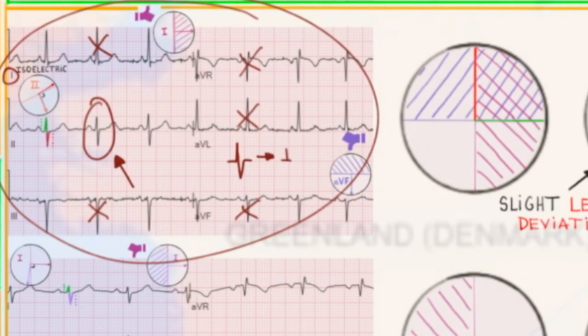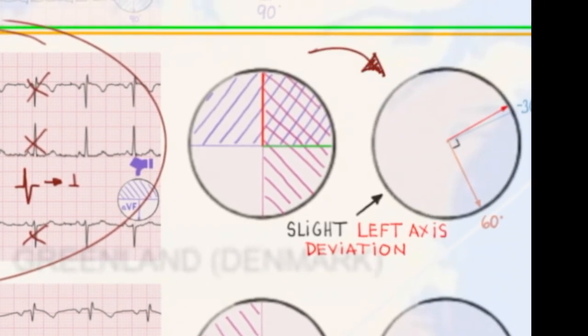So the axis should be perpendicular to lead 2. I'm showing that over here. So lead 2 is here at 60 degrees. Perpendicular would be either this way or this way. Either of those could be perpendicular. So when you do the isoelectric lead method, you have to decide which way does it go, this way or that way.